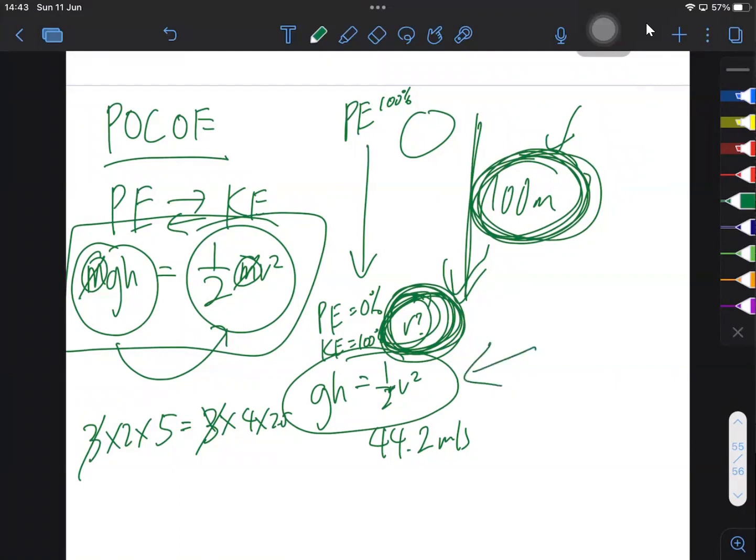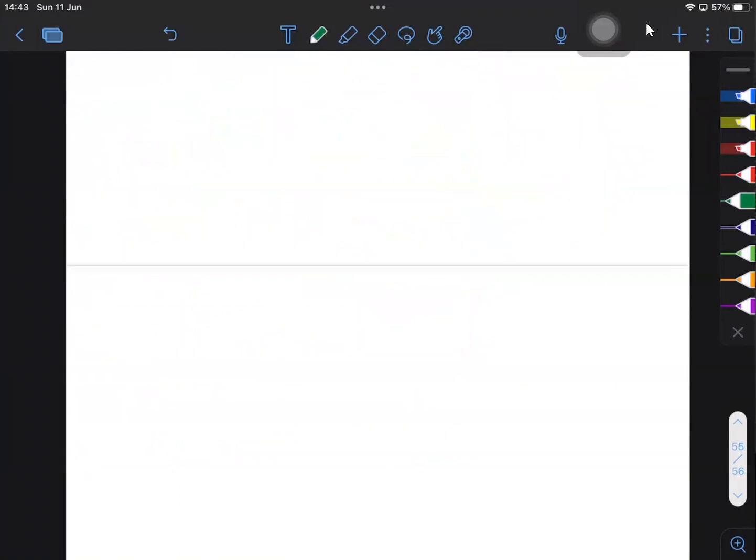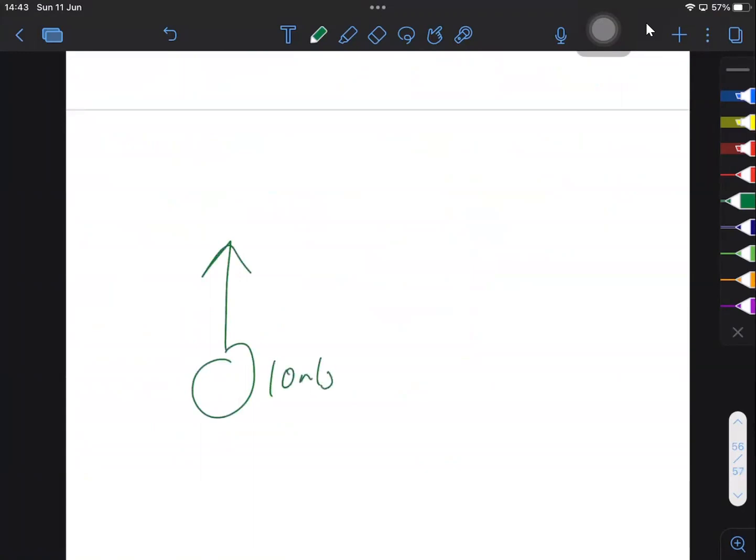Now, it's not only limited to potential energy to kinetic energy. It could be kinetic energy to potential energy as well. Let's say, for example, this ball is being shot up with a speed of 10 meters per second. How high will it go? It's the same question, just in reverse. In this case, it will be half mv squared equals mgh, and once again, you don't need the mass component.